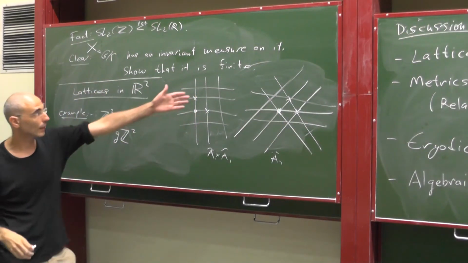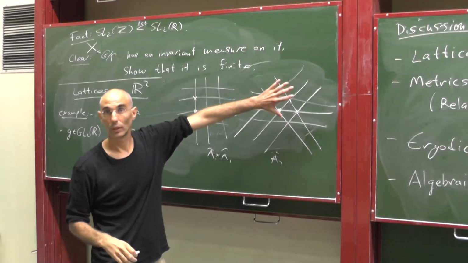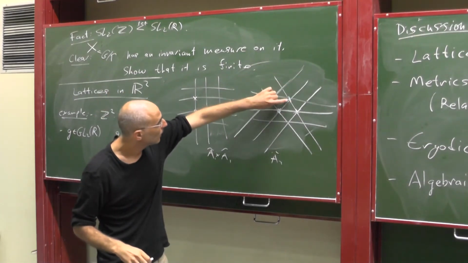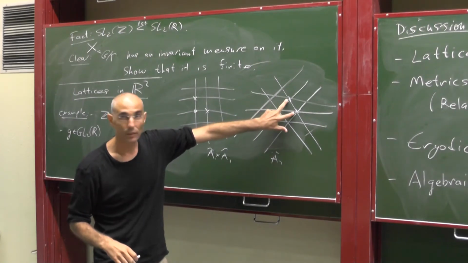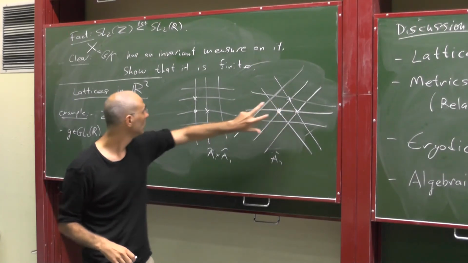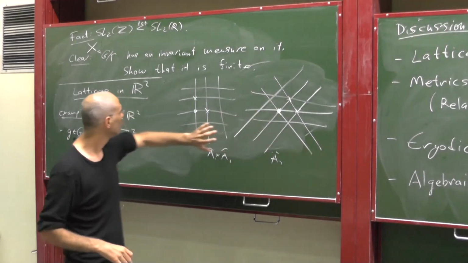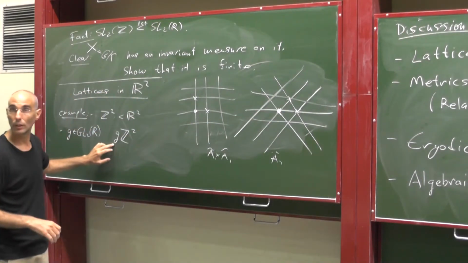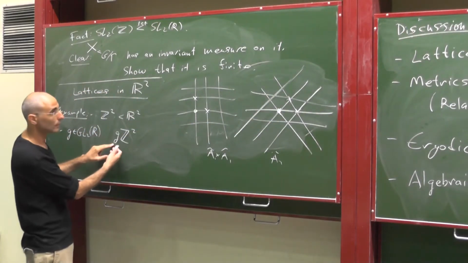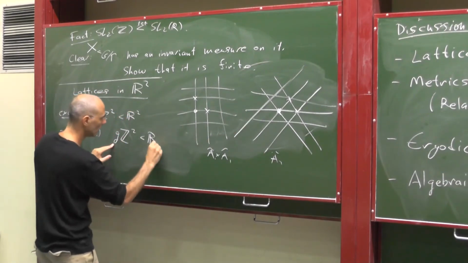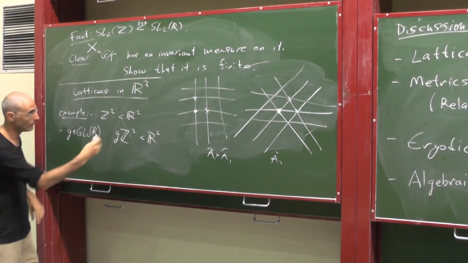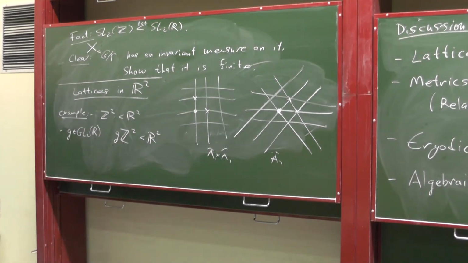You can explicitly write it down. So by picking these two, somehow I pick the matrix. The coordinates of these two, this basis, give me a matrix g, and this presents this lattice as gZ2 in R2.